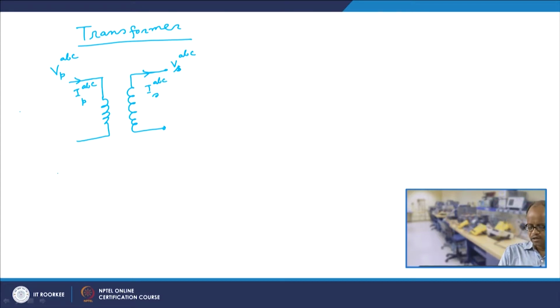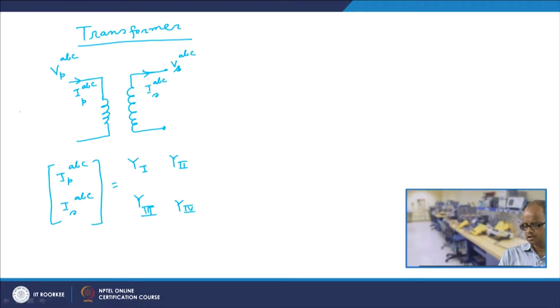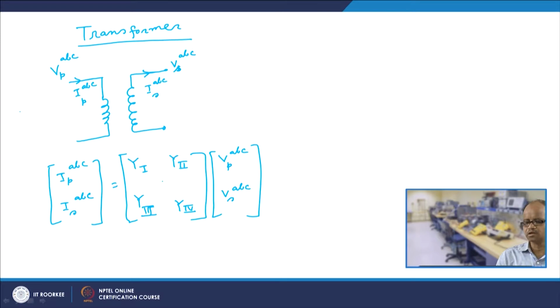and then we have said that Ip ABC and Is ABC can be represented using 4 matrices. We assumed that these admittance matrices are known, and based on that we looked into the process of including this transformer admittance matrix into the overall Y-bus matrix of the entire system.